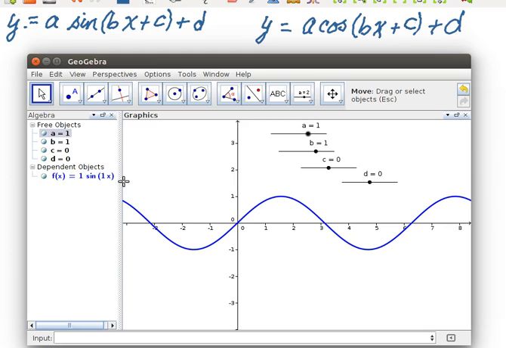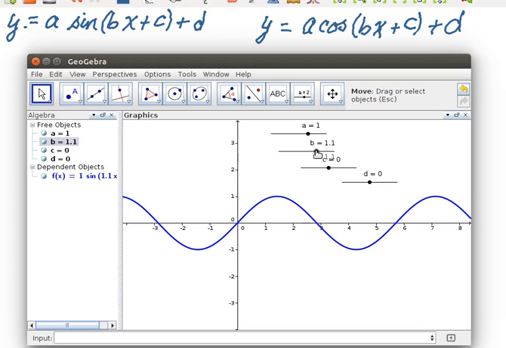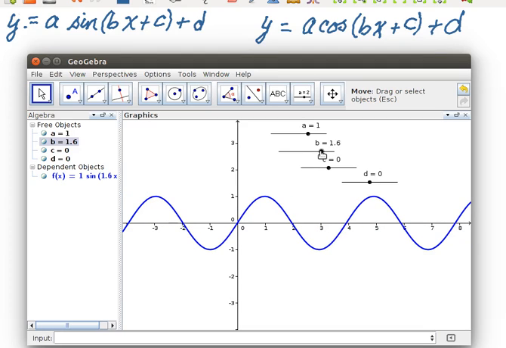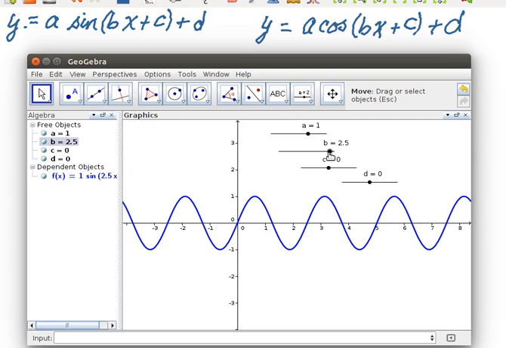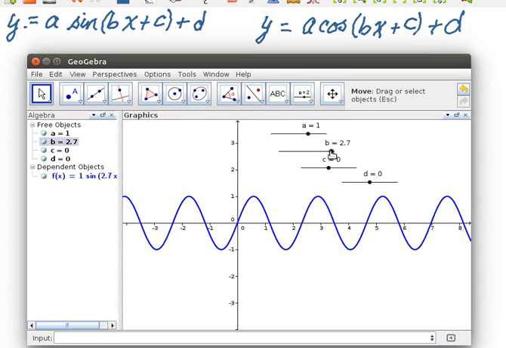Now you can watch this function over here and see how it's changing as we move these things. Now let's examine what happens if we change the b value. That's this value right here. The c and d we're still leaving at 0. If that b value begins to increase, then notice it squishes the graph and makes it vibrate more quickly. It goes up and down faster.